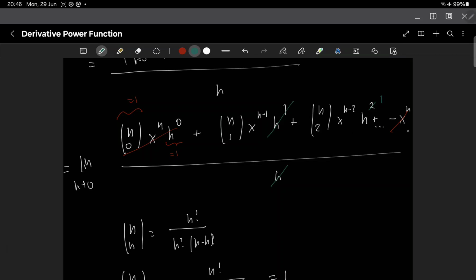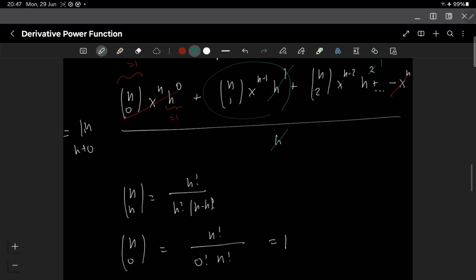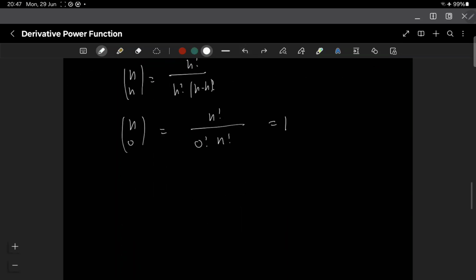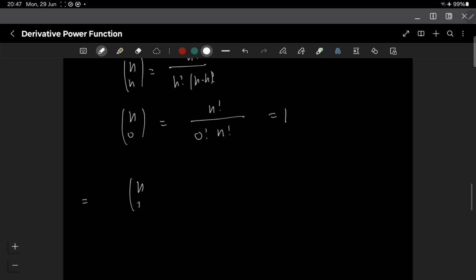The term with n over 1 is the only term which, when you divide by h, has no power of h. The other terms all have powers of h. So when you take the limit as h tends to 0, all these terms vanish, and what remains is only this term, n over 1 times x to the power n minus 1.